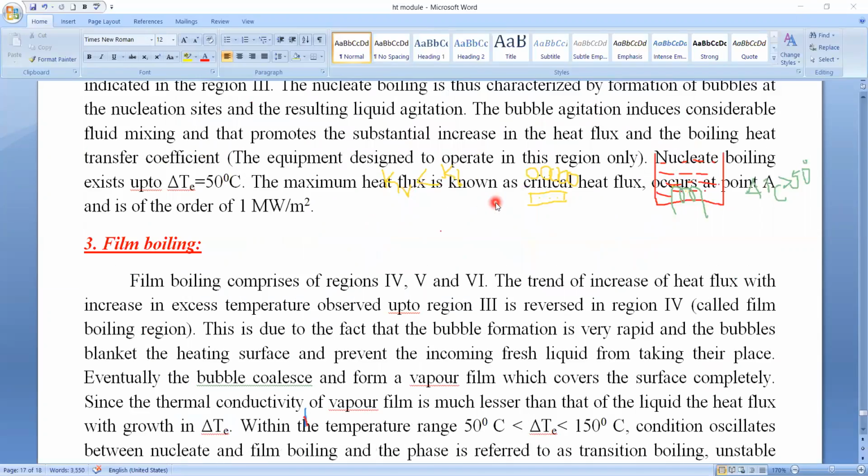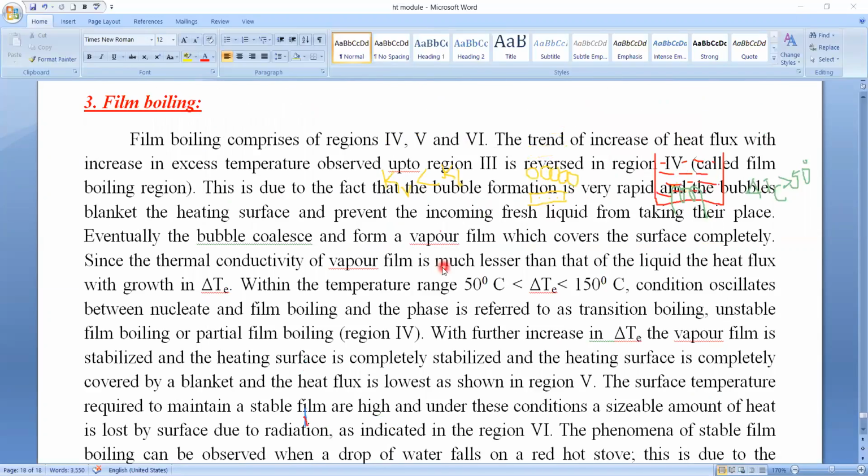Okay, so let's have a brief overview of these points. Since the thermal conductivity of vapor film is much lesser than that of liquid, the heat flux varies with growth in delta TE, the excess temperature. When the excess temperature is between 50 to 150 degrees centigrade, the condition oscillates between the nucleate and film boiling, and the phase is referred to as transition boiling.